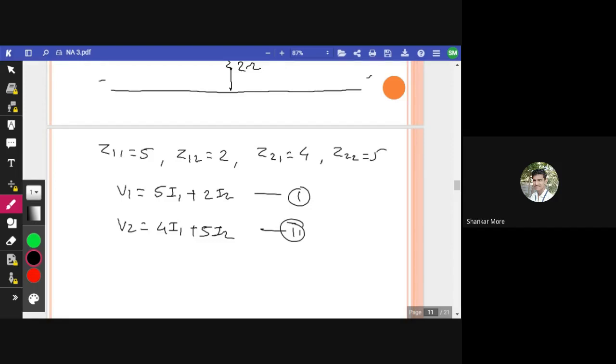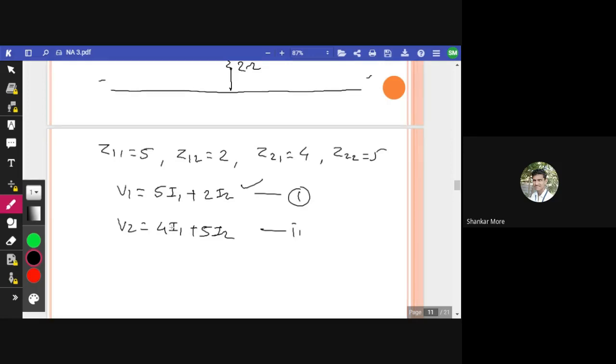Look, compare the first equation of H parameters with these two equations and tell me. I need to eliminate I2. Clear? So how will we eliminate I2 now? To eliminate I2, simply we can multiply this equation by 5, multiply this equation by 2, and just perform the subtraction, and we're done, right?